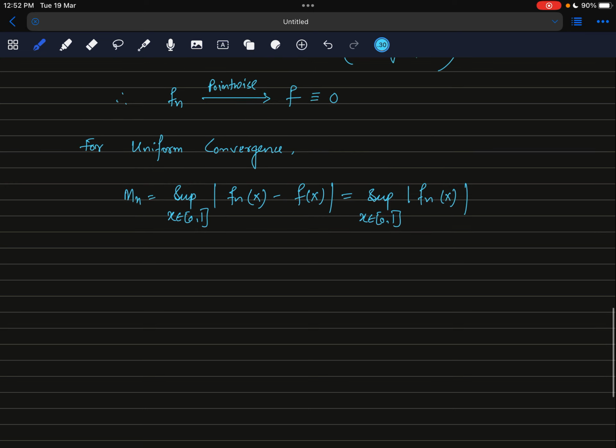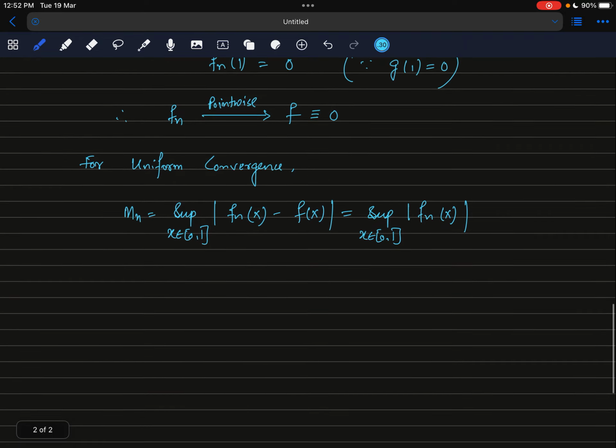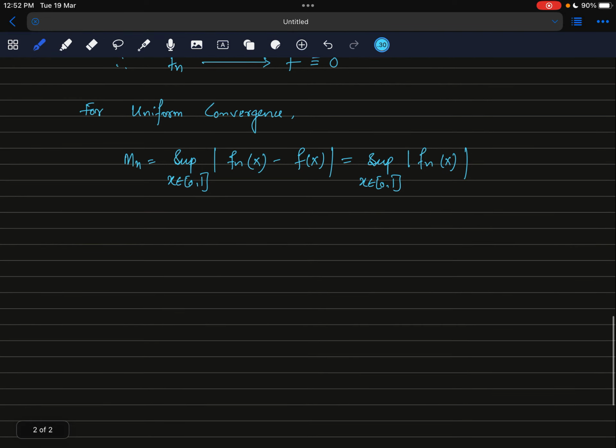Since the limit function is 0, that is f(x) equals 0, this is the supremum over x in [0,1] of |x^n g(x)|.